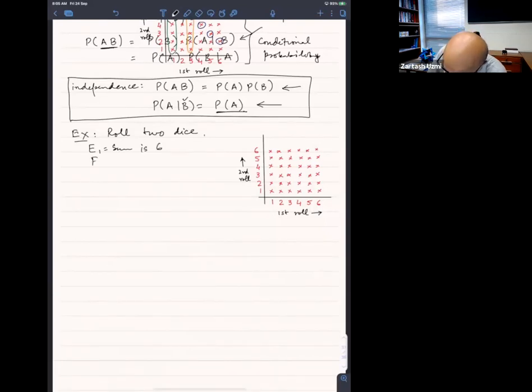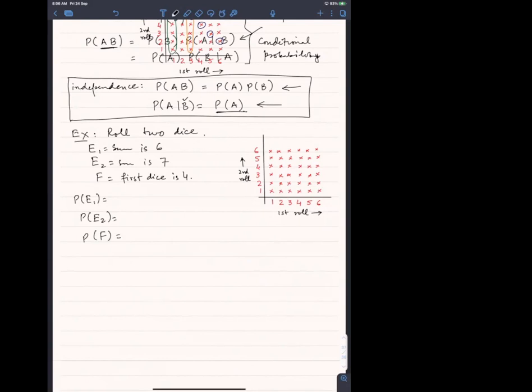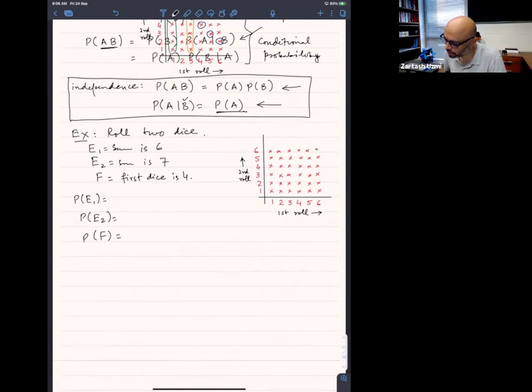E2 is the event that the sum of the two dice is 7. Let's say F is the event that the first die is 4. Now I need answers in the chat window. What are the probabilities of these events? Probability of E1, probability of E2, probability of F. First, the probability of E1, that the sum is 6.